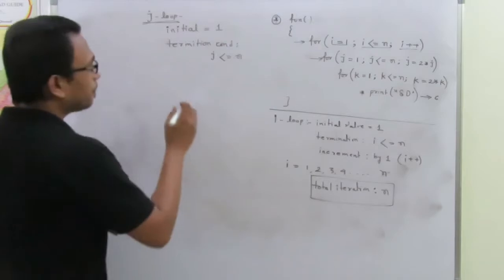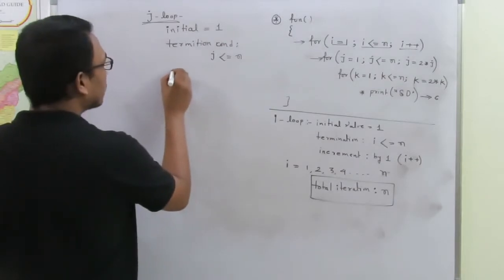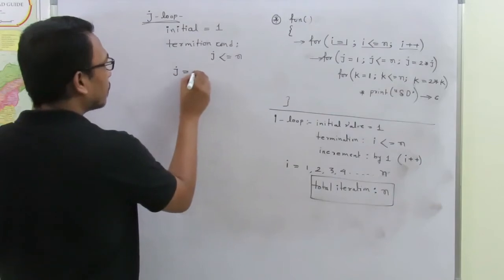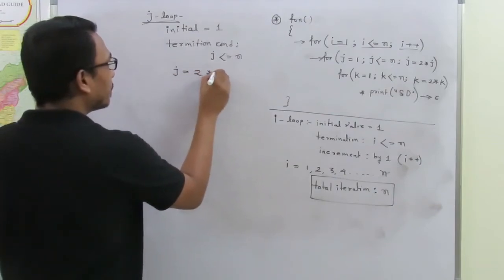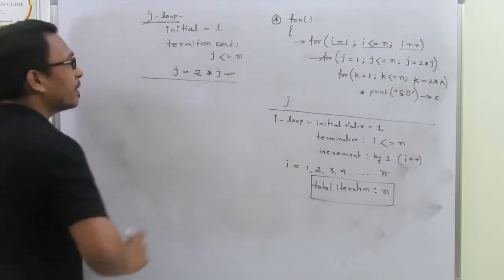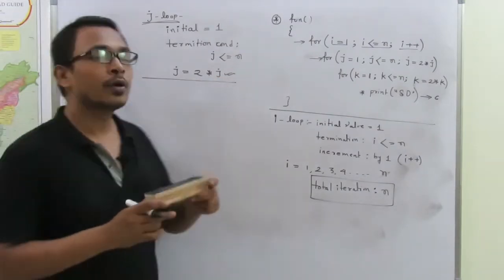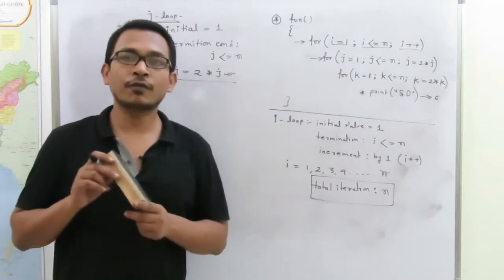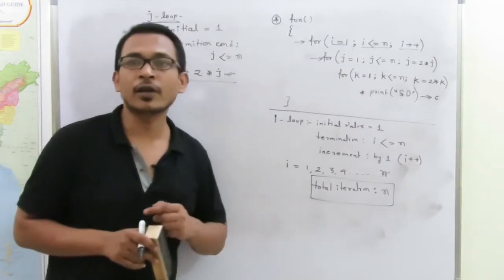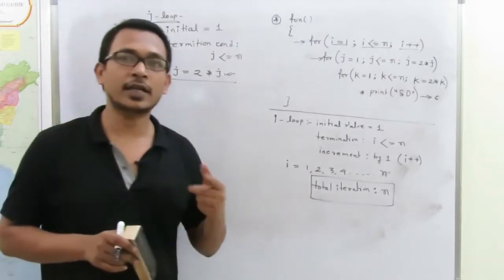The instruction is j equal to 2 into j. That means we are going to double the value of j after each iteration.